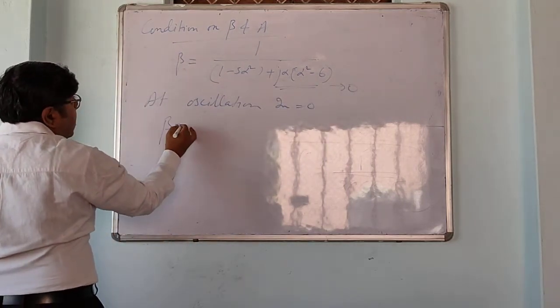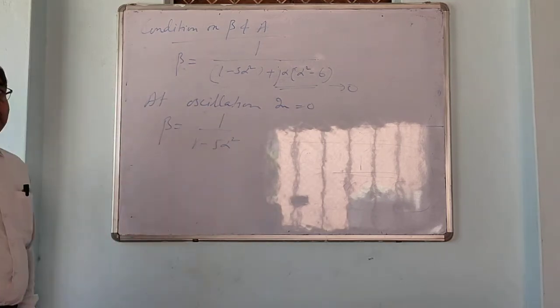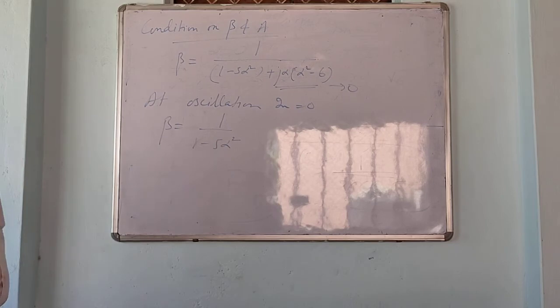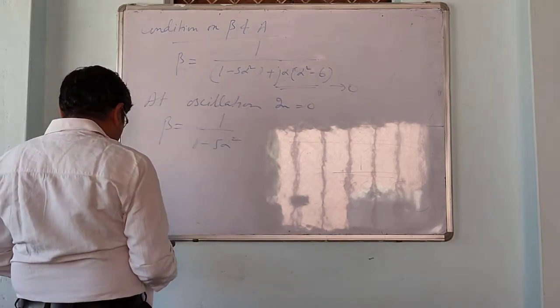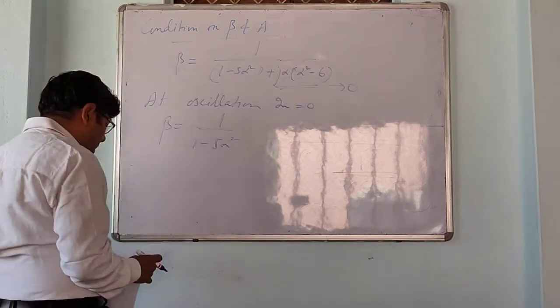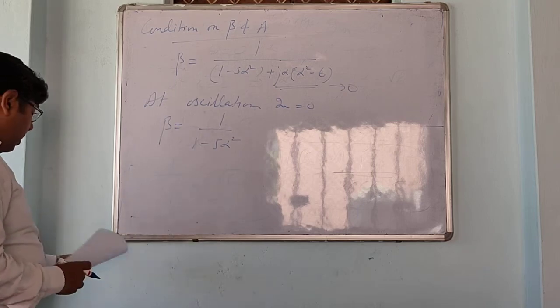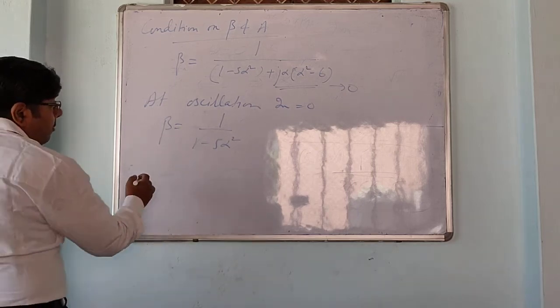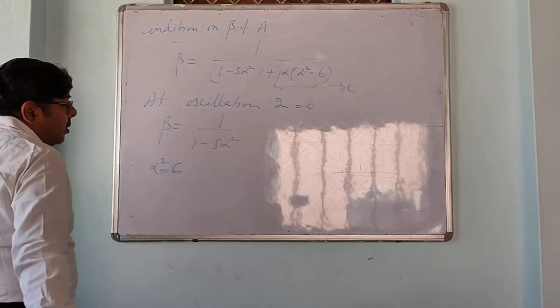So for oscillation beta is simply 1 minus 5 alpha square. You can put the value of alpha square. Obviously from that expression you have alpha square equals 6.